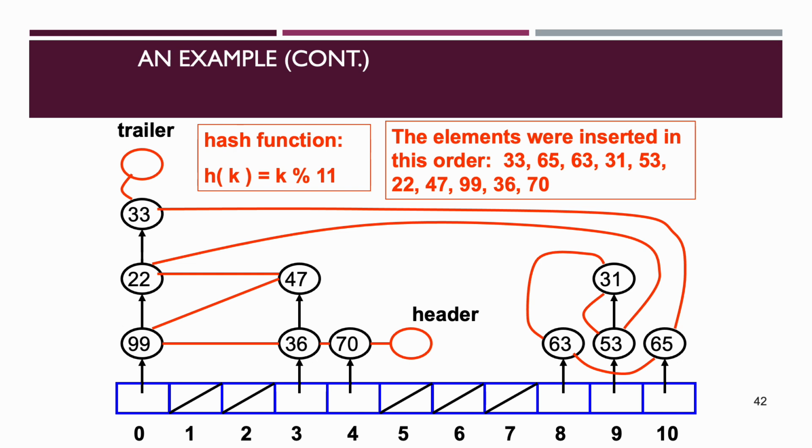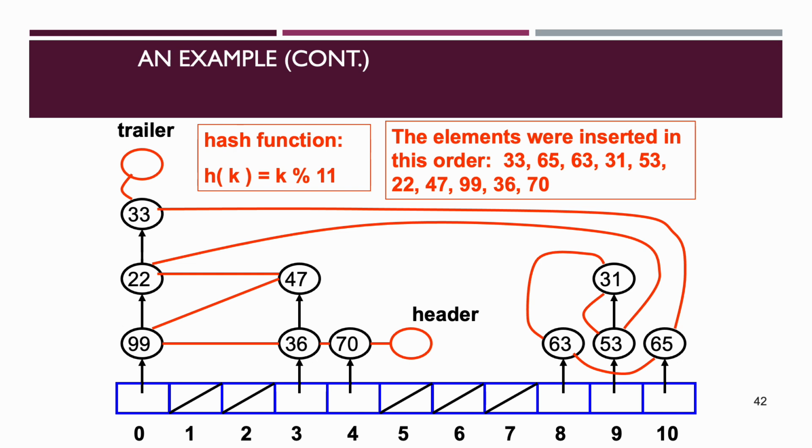Then for 63 it's 8, so it's inserted into 8. For 31 it is 9, so it is inserted here. For 53 it is also 9, so the 31 moved aside, and then 53 was inserted.